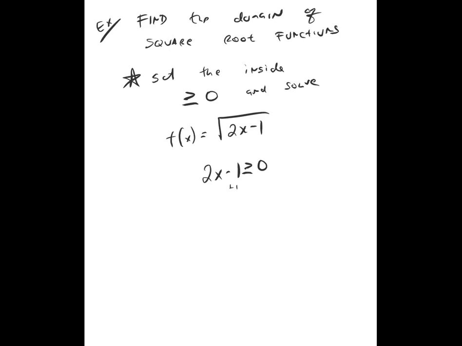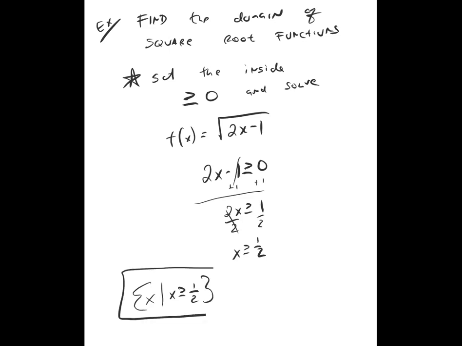We add a 1 to both sides. Divide by 2. This tells us that our domain is the set of x where it can be every single number that's greater than or equal to 1/2.